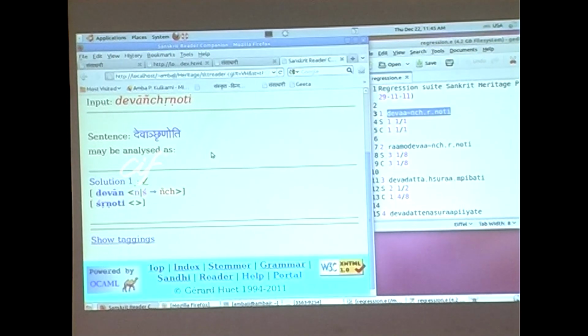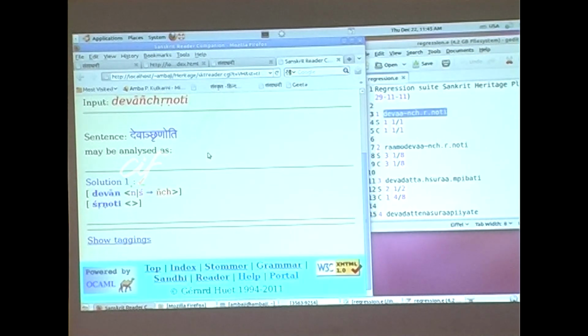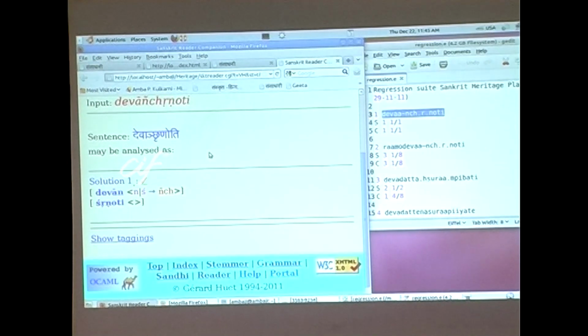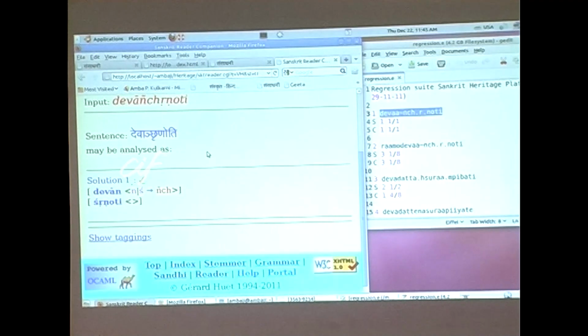And see, it has segmented it. It has recognized that it's obtained by gluing together 2 words by Sandhi, 2 padas. The first pada is Devan, second pada is Srinati.